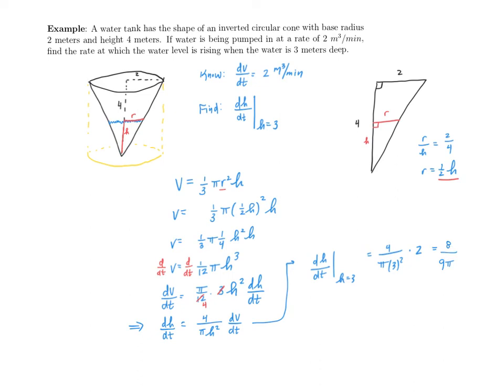So in this case, it's a rate of change of height. So height is going to be measured in meters, and our time units is measured in minutes. So the units would be distance over time, which in this case would be meters per minute. And this gives us the desired rate of change.